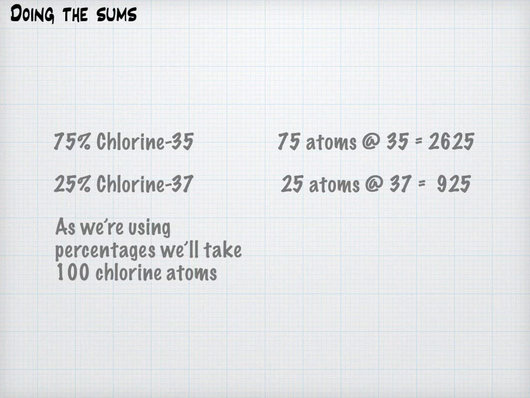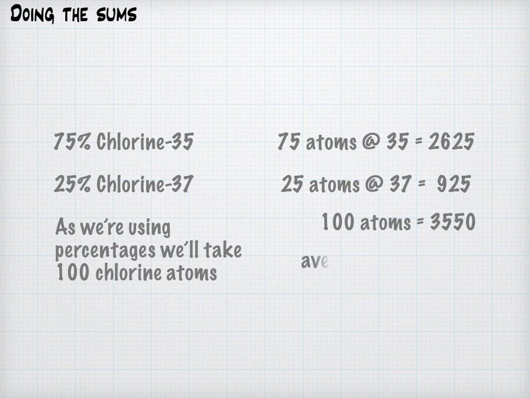Now, if we take those totals and add them together, we will get the mass of 100 atoms. 75 atoms plus 25 atoms will have a mass of 2,625 plus 925 is 3,550. Now we take the average. If 100 atoms weigh 3,550, one atom will be 3,550 divided by 100, which is 35.5.